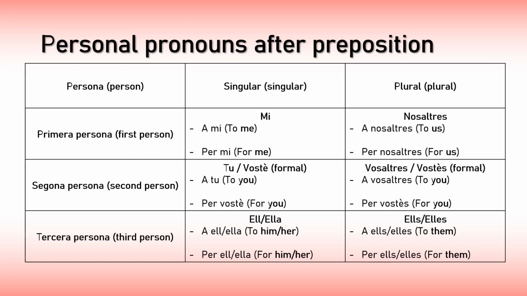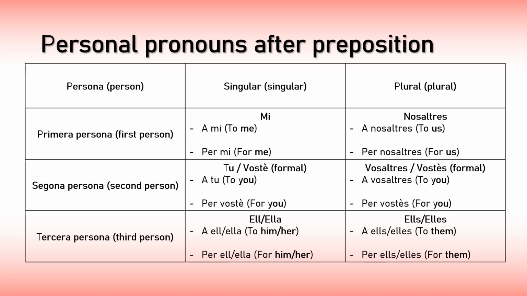When you say me in English, generally, you also pronounce it me in Catalan. So, a mi in Catalan would mean to me, when something is done to me or given to me. Also, per mi. This is for the first person in singular, by the way. Per mi, for me. You're doing something for me.